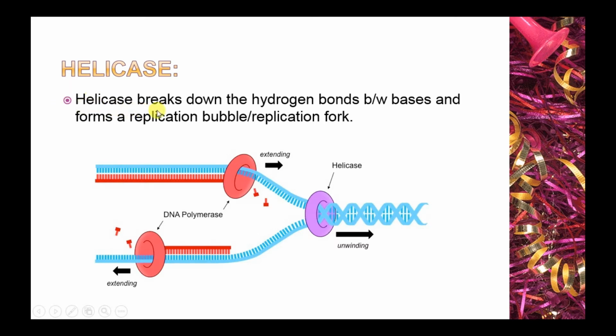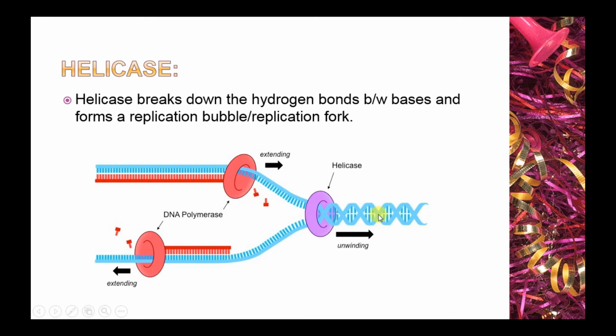The helicase breaks down the hydrogen bonds between the bases. Which bases are these? These are nitrogenous bases. As you know, the DNA contains the nitrogenous bases adenine, guanine, cytosine, and thymine, and all those bases are connected to each other by hydrogen bonds. So that's why the DNA forms a double helical structure. These are nitrogenous bases, and these are connected to each other by hydrogen bonds.